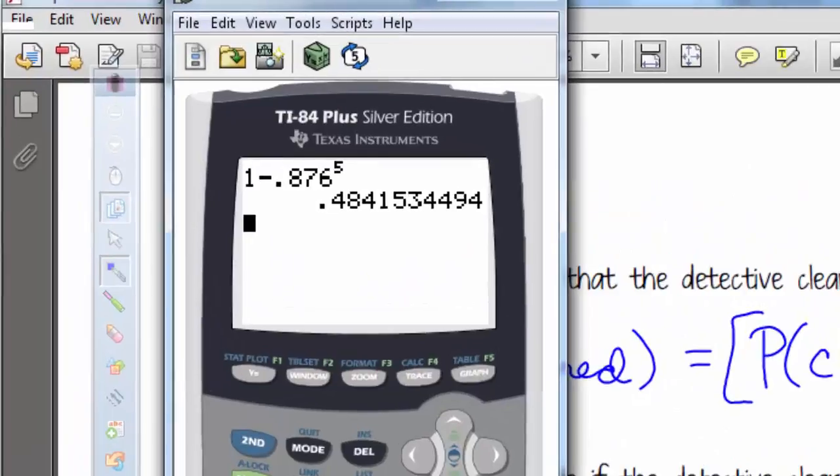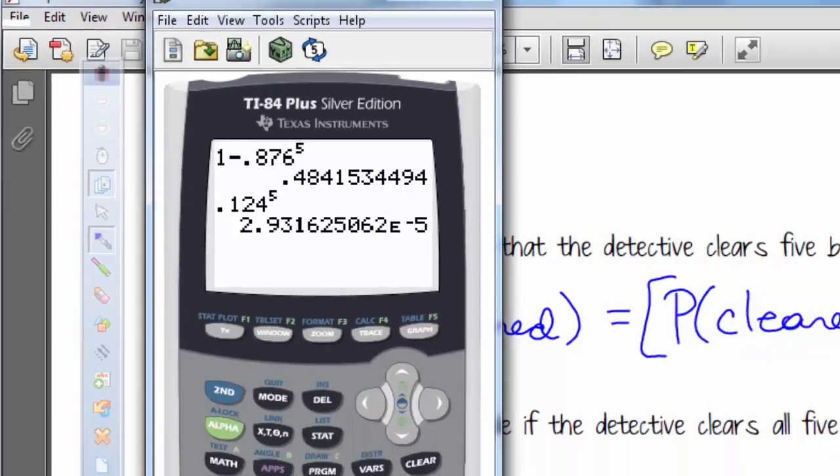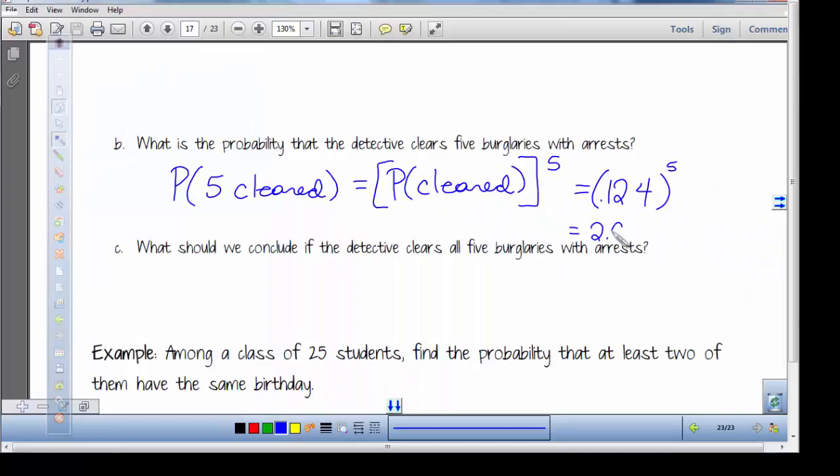When I do that on my calculator, it gives me 2.931, some other digits, e to the negative 5, or times 10 to the negative 5. Because this is in scientific notation and the exponent is negative, I need to move my decimal point 5 places to the left.